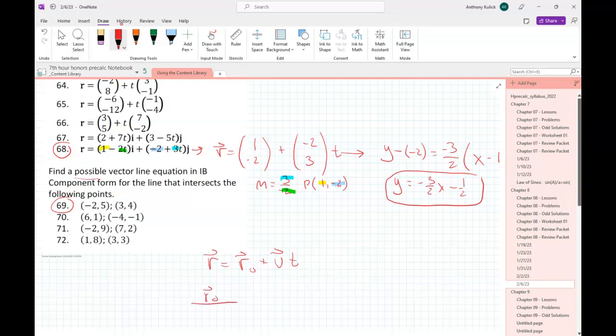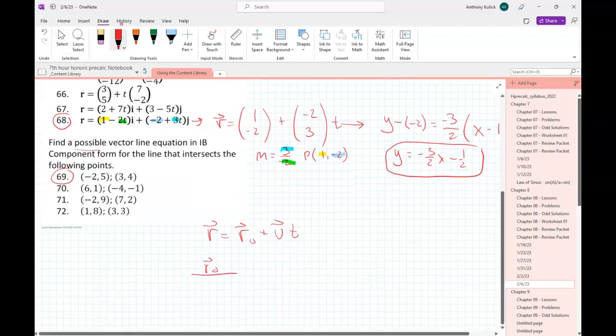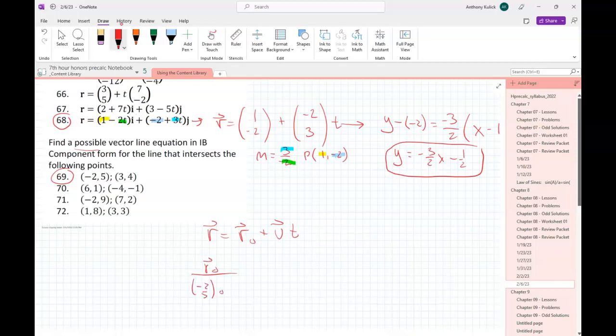What are my values that I can pick for R, or R naught, excuse me? The two obvious choices would be the 2 points that are given, just vectorized, right? Are there other R naught possibilities? Yeah, but you'd have to find them, and like, who has time for that? Not me.